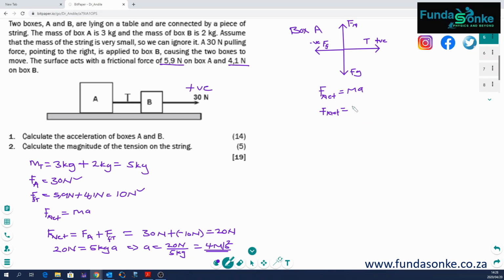So our F net will be equal to T plus our frictional force Ff, which then will be equal to T minus, in this case, our frictional force acting on box A was 5.9, so minus 5.9 newtons. So this is our F net.